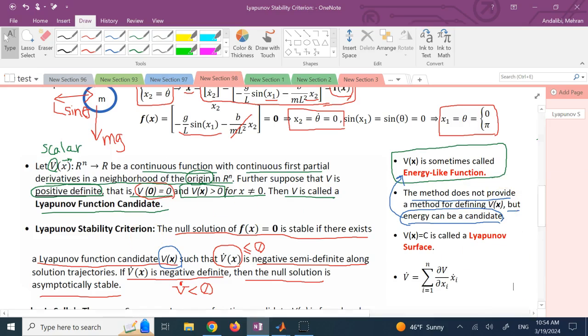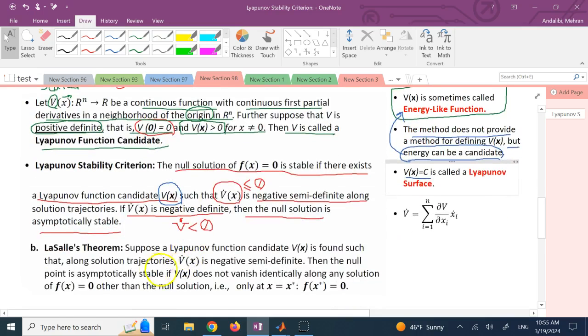So that's why we call them energy-like. And by the way, if V of x equals a constant c, we call that what? We call it a Lyapunov surface. So basically those constant levels of energy or energy-like in a system, we call them a Lyapunov surface. I'll show you when we go back to the pendulum example.